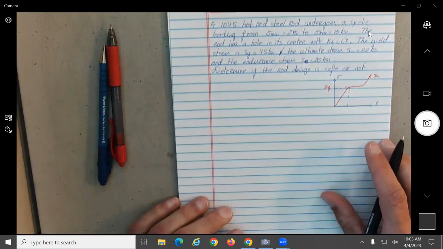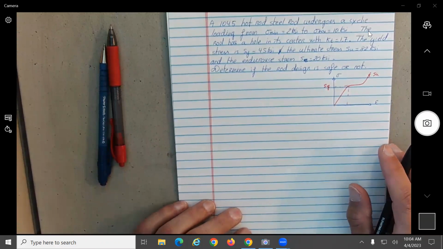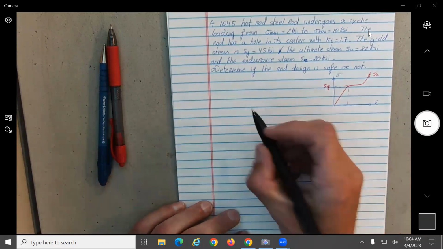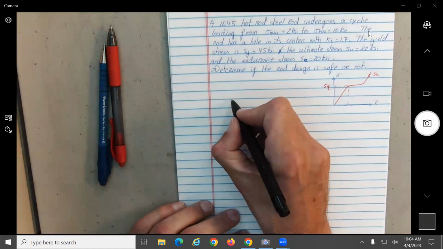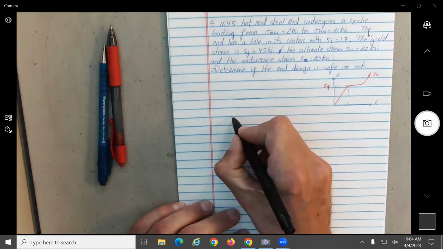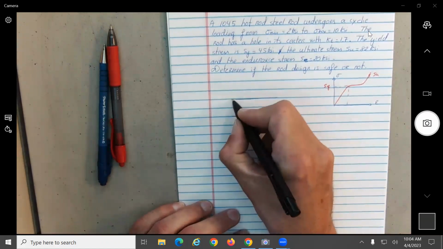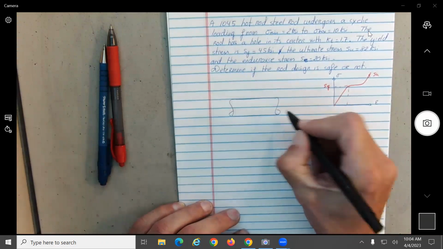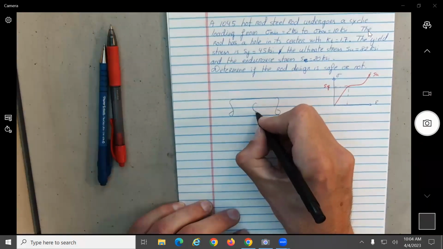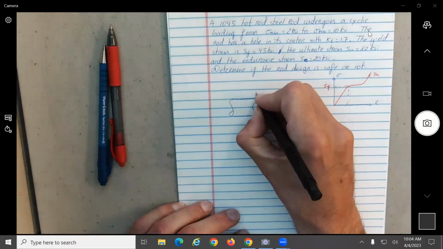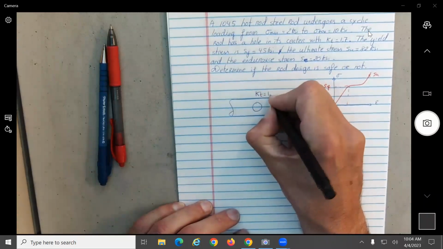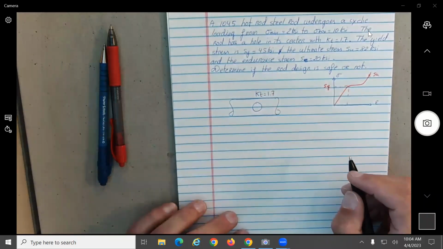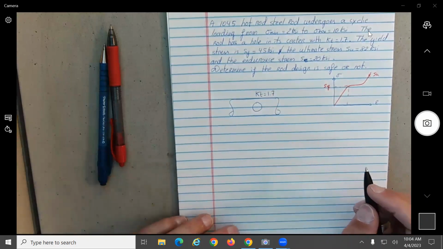So let's see what we have here. Let's do first one thing. Let's do some figures. I always like to do figures. So we have a round bar over here that has a hole, which is going to imply that we have a stress concentration factor due to the hole of 1.7.